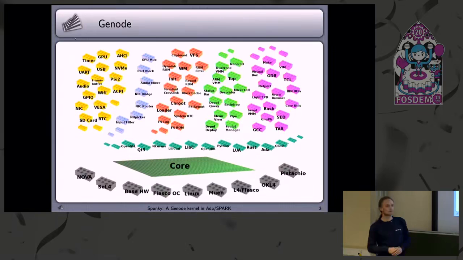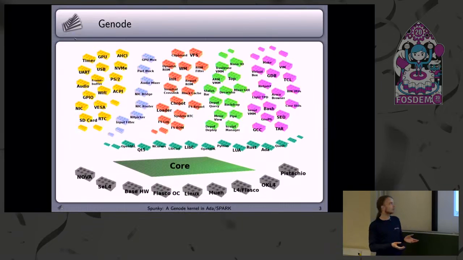I have colored them as different bricks because what I wanted to show with these bricks is that all the components are very well separated from each other. What the system does is apply a very strict organizational structure, so the complexity of the whole system can be managed.